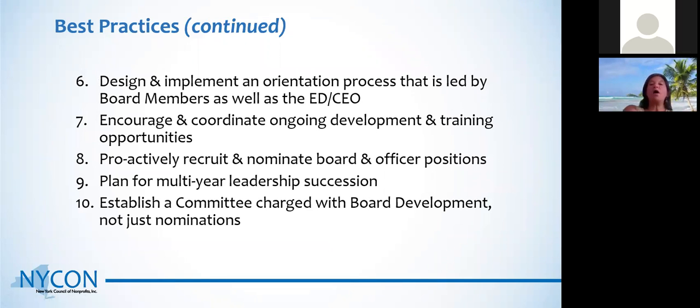You also want to think about designing and implementing the orientation process that should be done by board members as well as the executive director, if you have an executive director. It should be a time when all board members get together and review the bylaws, review your strategic plan, review the board's job description, review your priorities for the upcoming year.